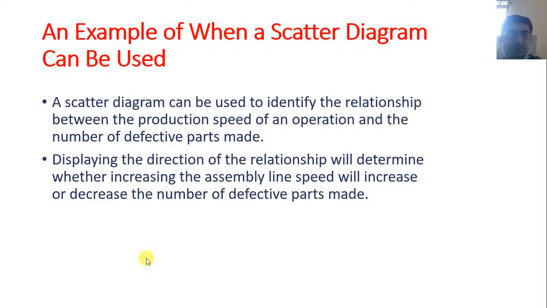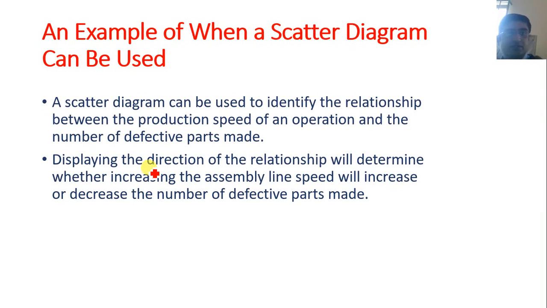the scatter diagram. And here is an example of when a scatter diagram can be used: to identify the relationship between the speed of the whole production of an operation and the number of defective parts which are made.